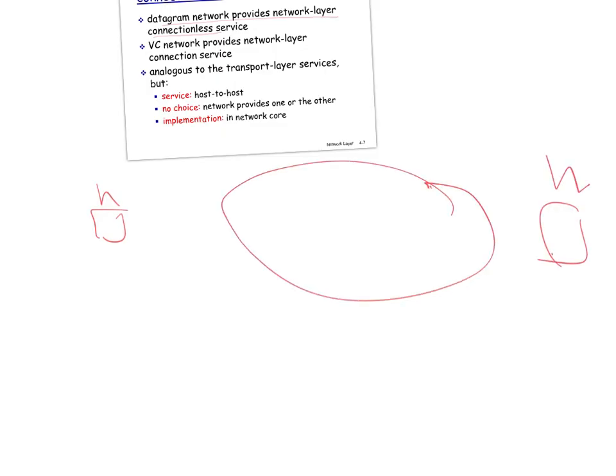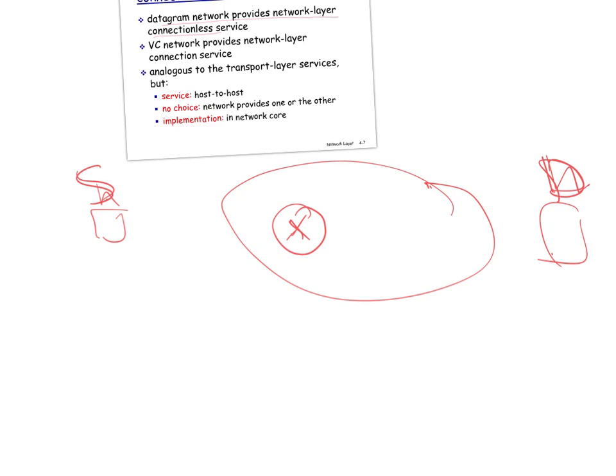So if I have a host and a host, and here the network, and the network has a router. Sorry, let's make it source and destination.